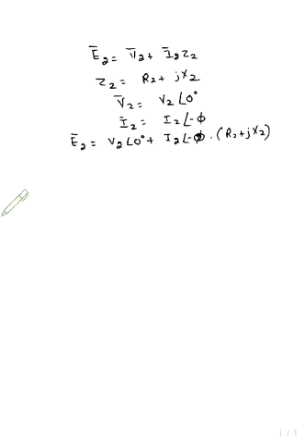into Z2. Z2 is equal to R2 plus jX2. This is the polar form, and we can change it into the Cartesian form.